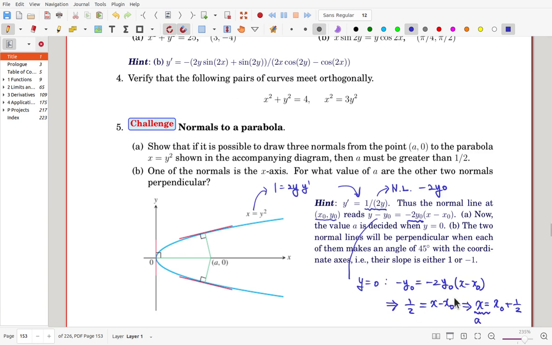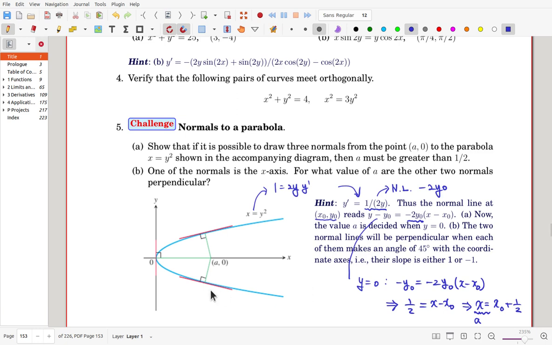So when y equals 0, the corresponding x value must be a, but a is the same as x0 plus 1/2. For the other two normal lines, x0 is positive, which means a must be larger than half, right? So in this way you can solve.